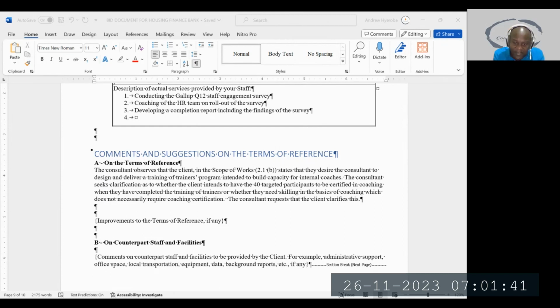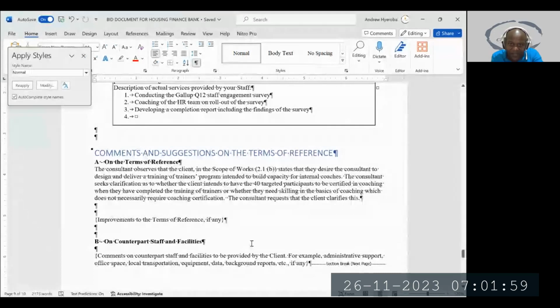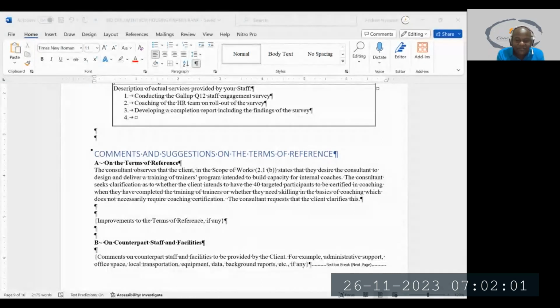Then develop and implement a framework to establish individual leadership development goals, which integrates the bank's leadership framework with the leader attributes as part of the key leadership development program. So now they are confusing coaching and leadership development, or they are assuming that coaching is the only tool they can use to deliver on leadership development.